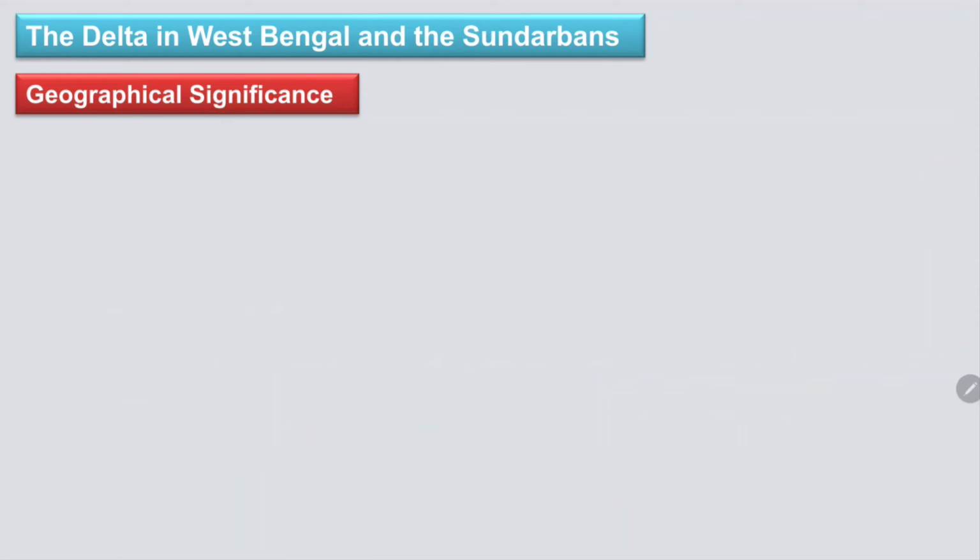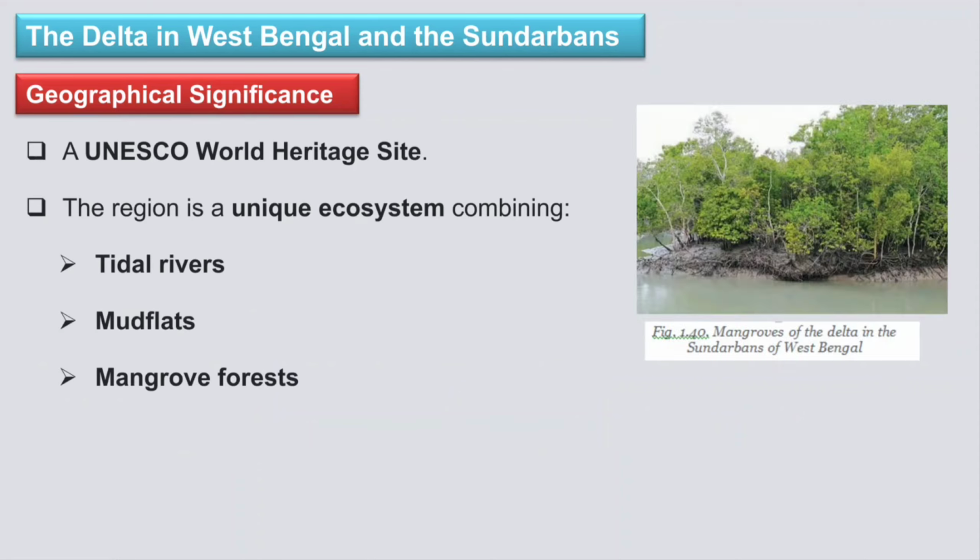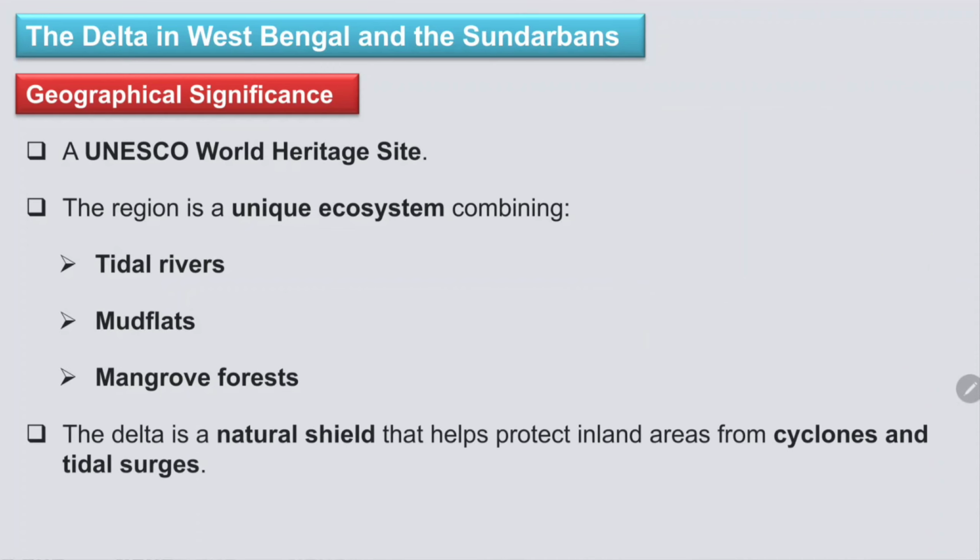And geographical significance: this is again a UNESCO World Heritage Site. The reason is the unique ecosystem combining tidal rivers, mud flats and mangrove forests, like this, the mangroves of the delta in the Sundarbans of West Bengal.